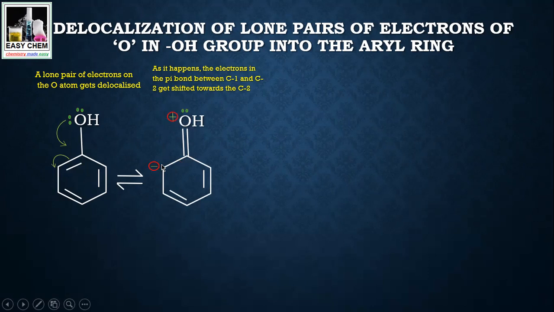A negative charge on carbon is unstable. Therefore, these electrons, which have given a negative charge to carbon number 2, get distributed towards the third carbon atom, making a new double bond. And then this double bond will get pushed towards the fourth carbon atom, giving a negative charge on the fourth carbon atom.